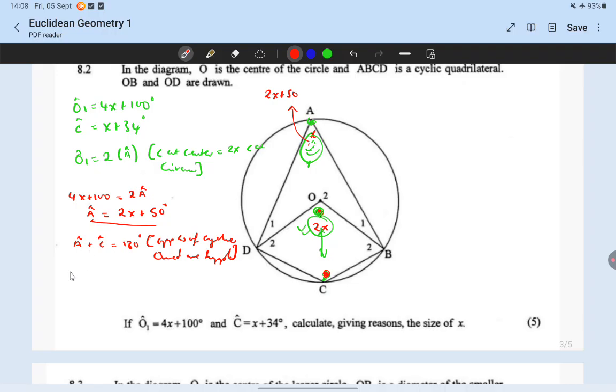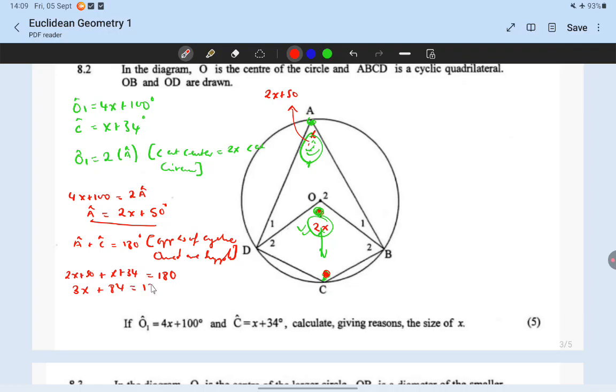Right. So A1, this is 2x plus 50, plus our C1, which is x plus 34, should give us 180. So 2x plus x, this is just 3x. And then we can take our 50 plus our 34, which gives us 84.